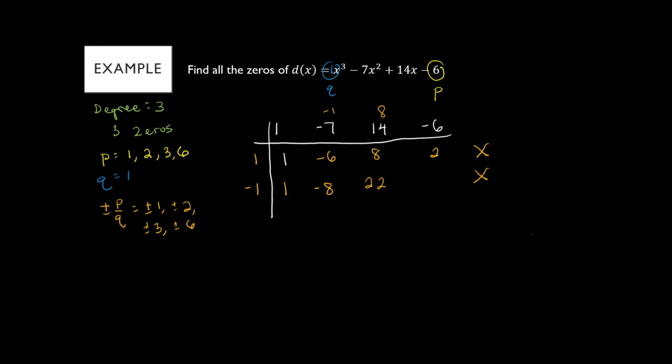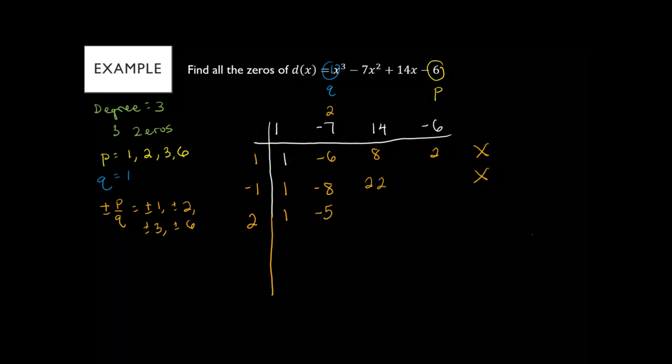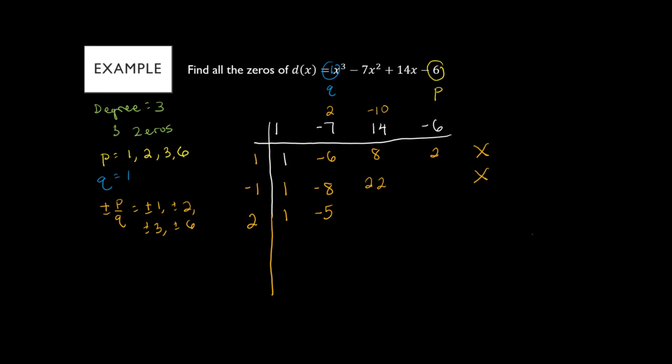So now let me try 2. 1 times 2 is 2. 2 minus 7 is -5. 2 times -5 is -10. -10 plus 14 is 4. 2 times 4 is 8. 8 minus 6, I'm back at 2 again.